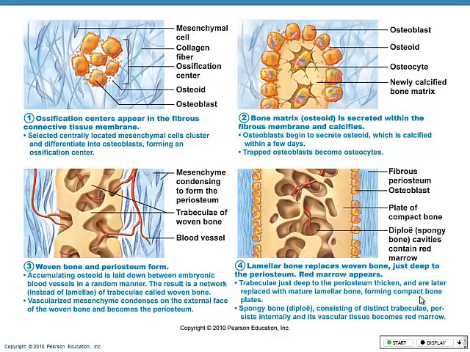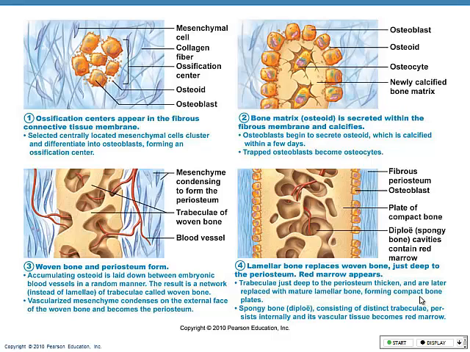Once we've created a nice base of bone material, we start creating spaces and blood vessels to do what for that growing bone? Feed it, exactly. So woven bone and periosteum form. So we start to see the vascularization of bones.